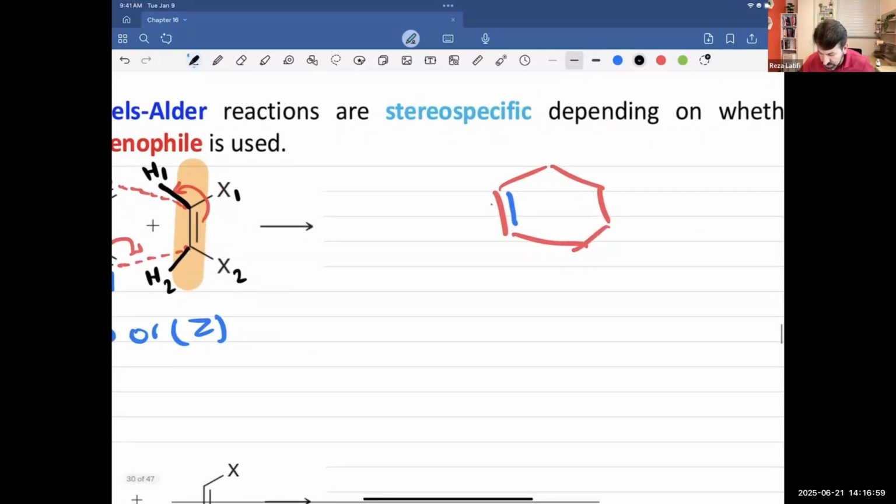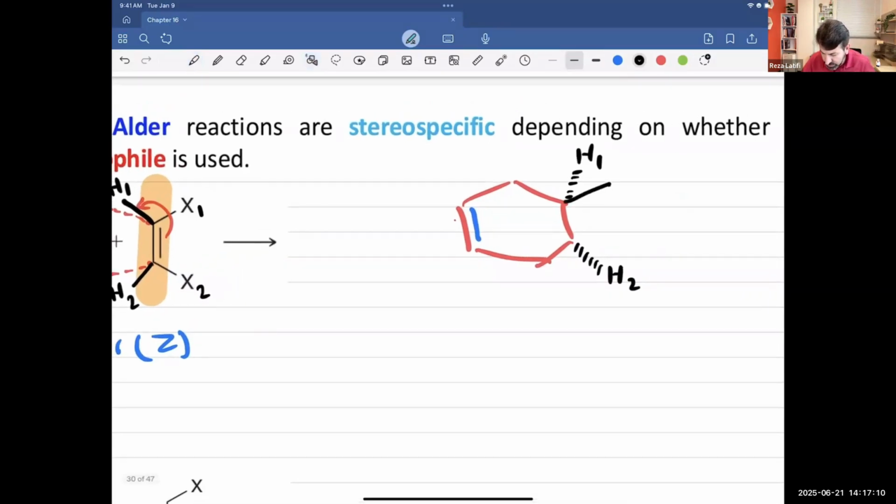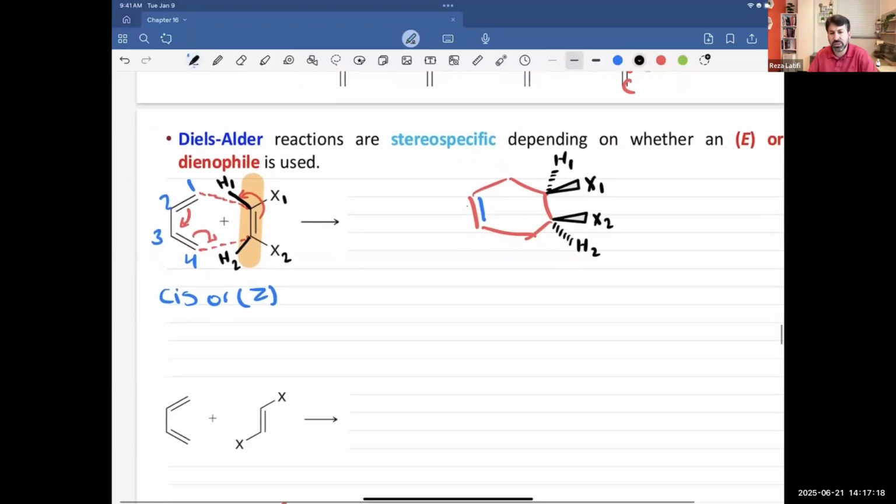So hydrogen number 1 and hydrogen number 2 will be pointing down, while X1 and X2 will be pointing up. And of course, I can have the enantiomer of it.